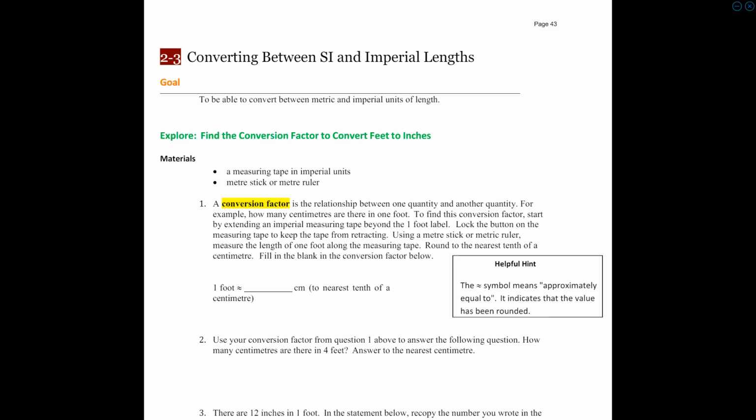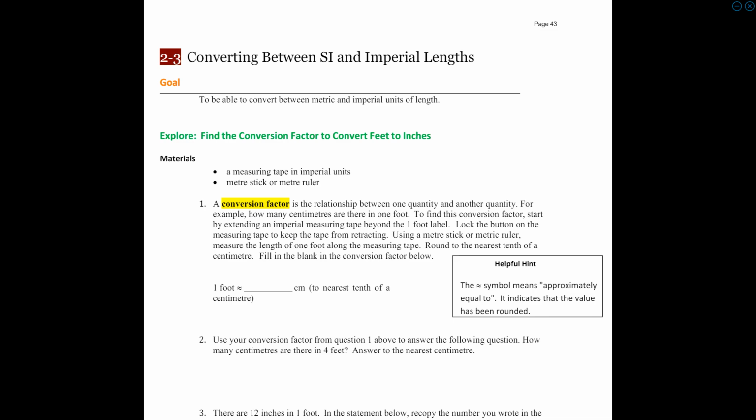Now, conversion factor is how much of something there is in another thing. We talked in that first unit about unit rate, or the rate per one of something, right? Like we talked about how many dollars per hour, or how many blank per 100 grams, those kinds of things.